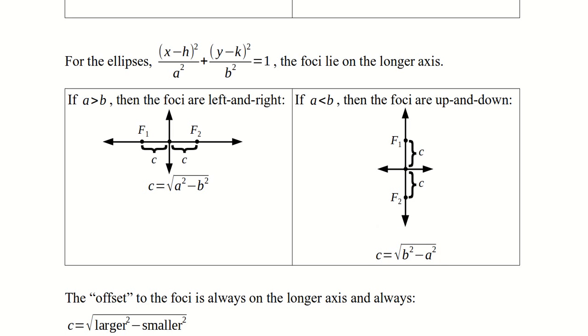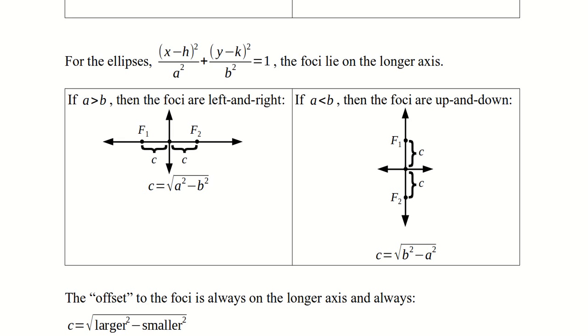In this second case, B is the bigger of the two, A is the smaller one. And I've shown that also geometrically. Notice that in this illustration from the center, we go up and down more than we go right and left. They have a larger magnitude. So what does that tell us? That tells us that B, that is the vertical offset, is the bigger of the two.